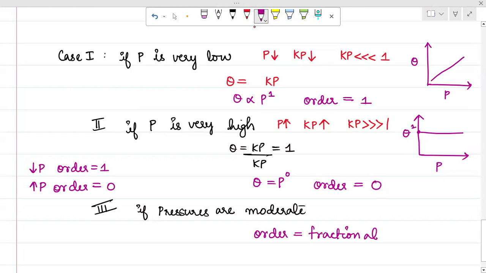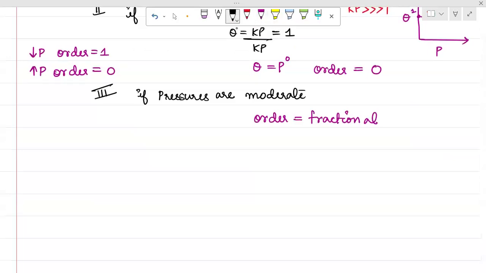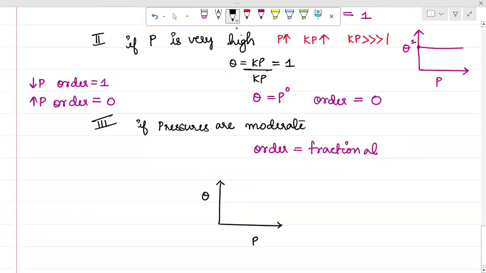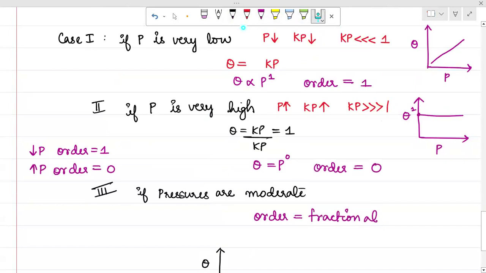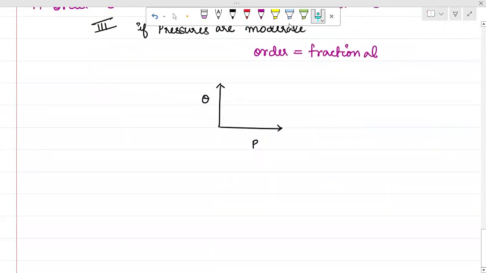So if I combine both case 1 and 2, in reality, how does the plot look? You have theta versus P. At very low pressures, it is linear, and at very high pressures, it is constant. So if I combine these two and connect them, this is how we get it.